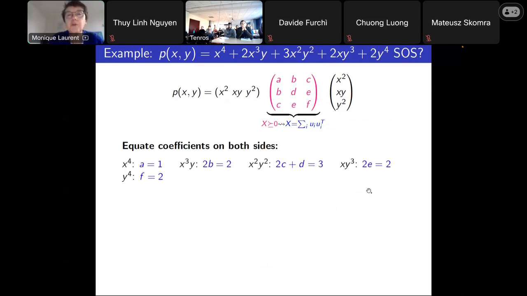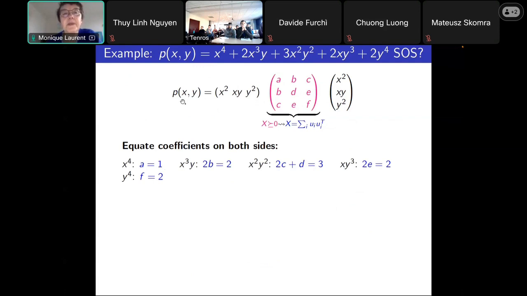So what we do, as I said, is equate coefficients on both sides. Let's look, for instance, at the coefficient of x to the 4. In P, it is 1. On the right-hand side, it occurs by doing x squared times x squared, with a here. So the coefficient a should be equal to 1. Let's look at x cubed y.